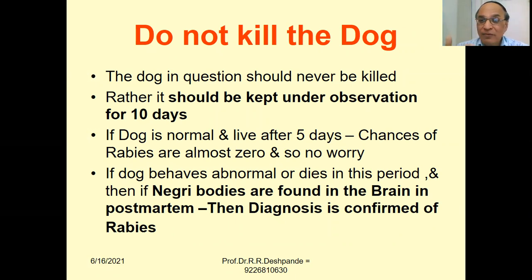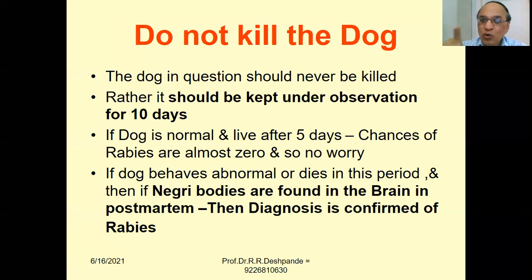If the dog behaves abnormally or dies in these 5 days, and then Negri bodies are found in the brain in the post-mortem of the dog, remember this word, students. We are not talking about a human being; this is about the dog.